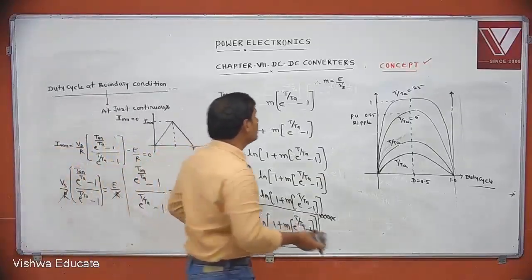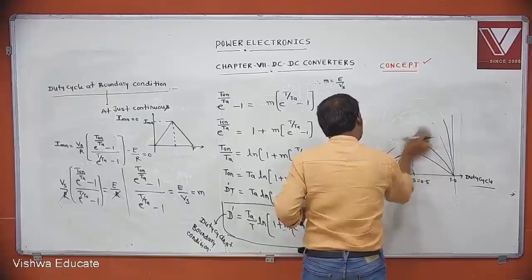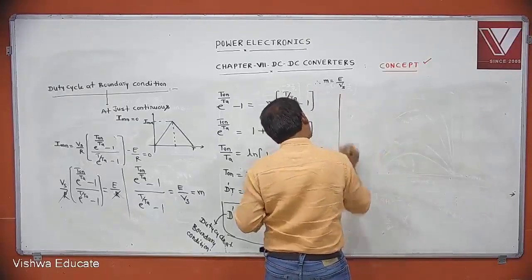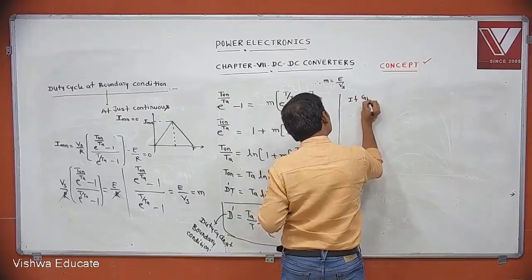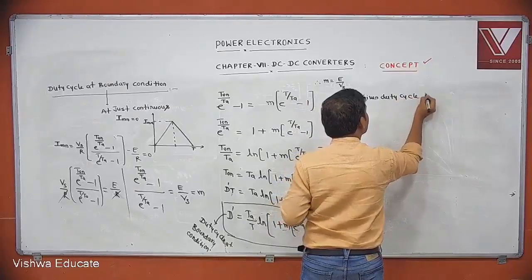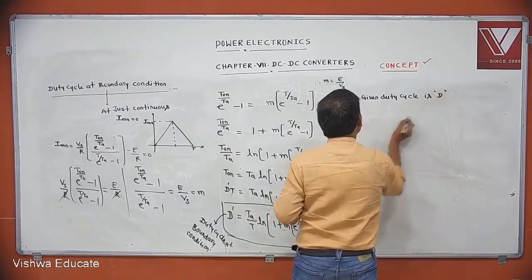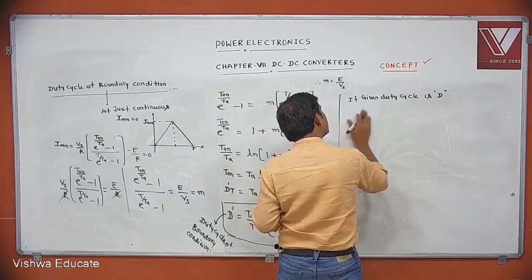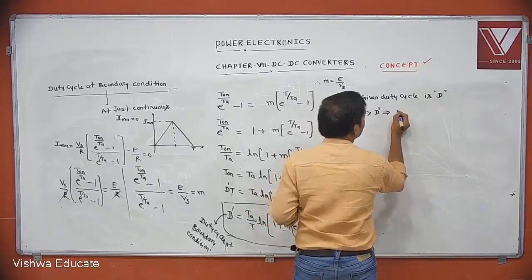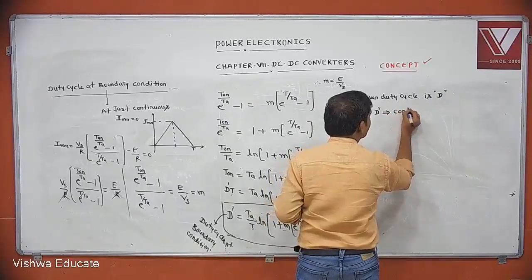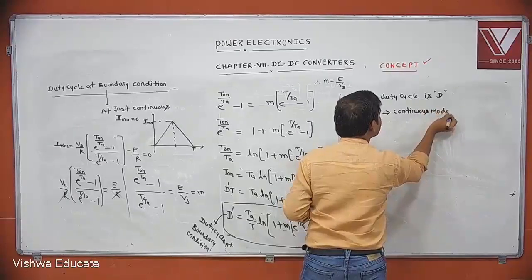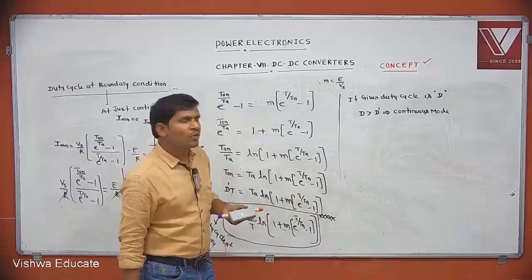If any duty cycle is given, say D, then if D is greater than D dash, it is continuous mode. I am explaining the conditions for continuous mode and discontinuous mode of type A chopper.